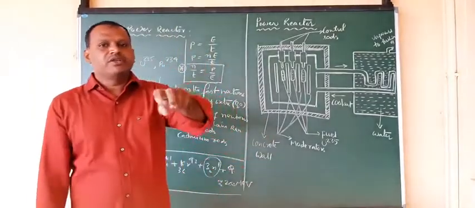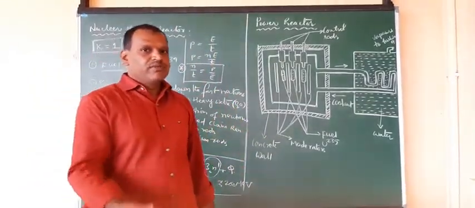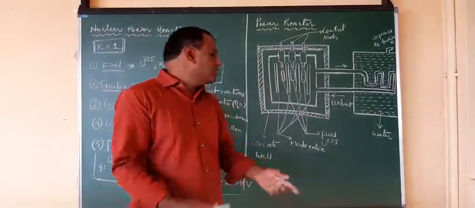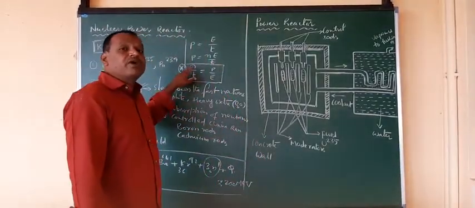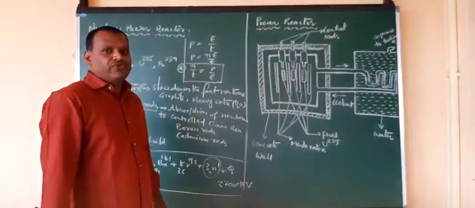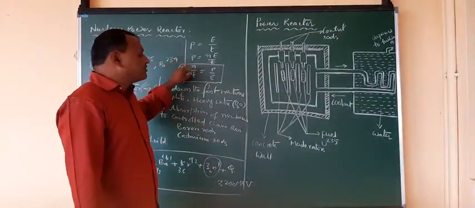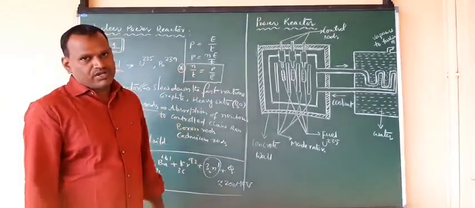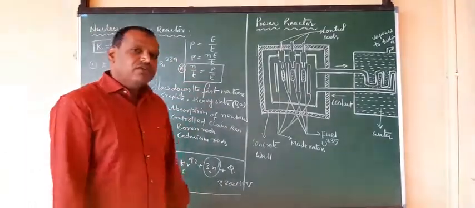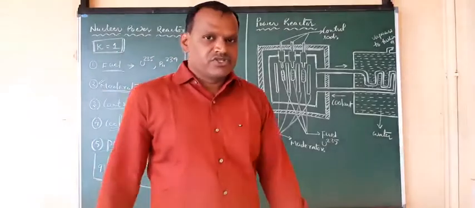So how many atoms are there, that many nuclei you have. So the number of fissions is nothing but the number of atoms present in the given mass of the fuel. So you have to calculate the number of atoms, and that many fission reactions you can get. We will see some problems after the discussion of this topic.